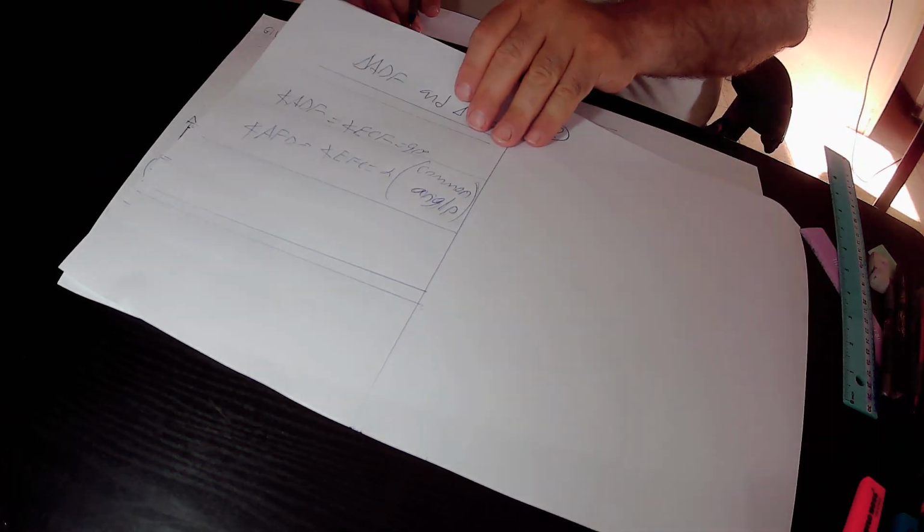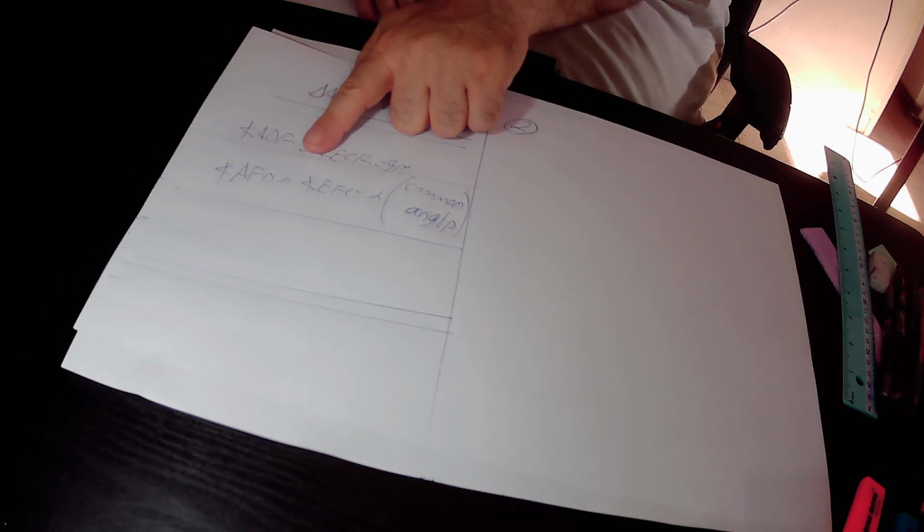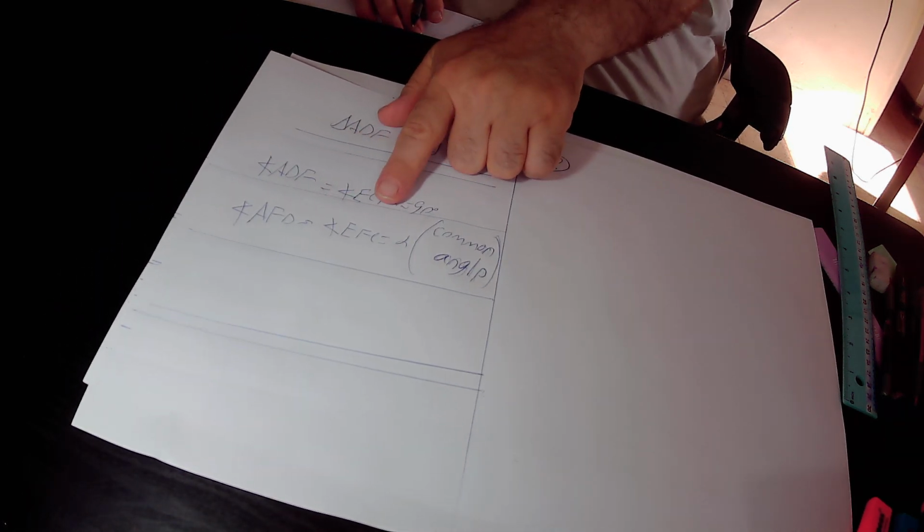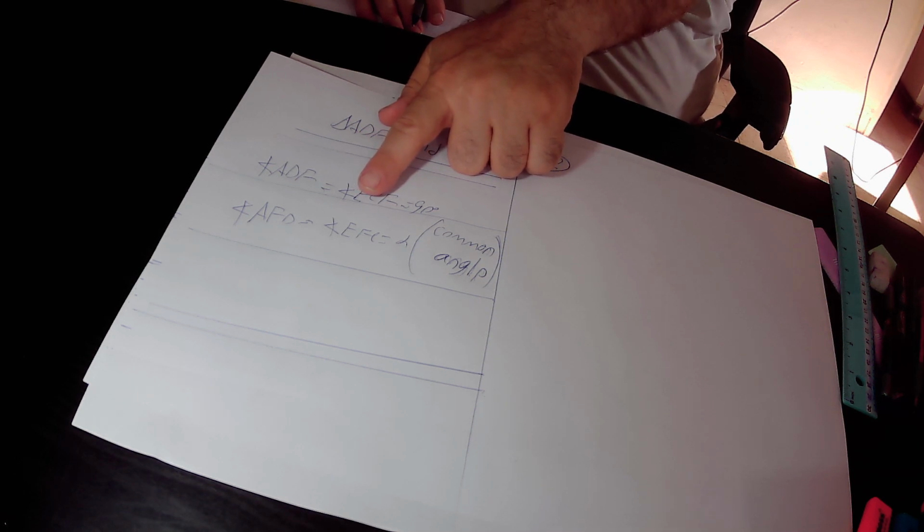So repeat again, this equation means that angle alpha equals itself. We just call angle alpha by two different names. Angle alpha equals itself as a common angle that belongs to both triangles.